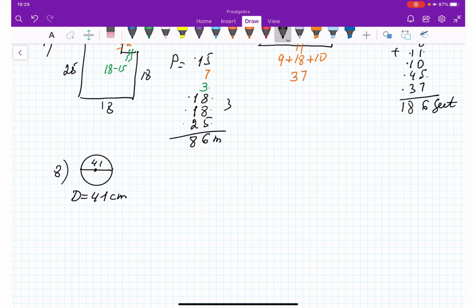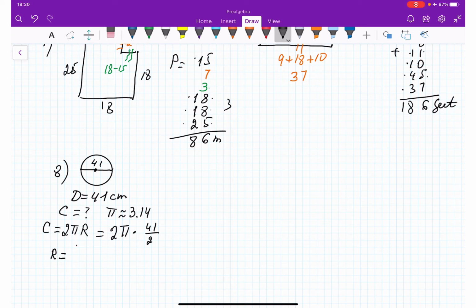We need to find the circumference, precise and approximate. So the circumference equals 2 pi r, where pi is a constant that approximately equals 3.14. For a precise number, Google it, and you will find many digits in decimal notation. So 2 pi r, where the radius is half of the diameter, 41 over 2.